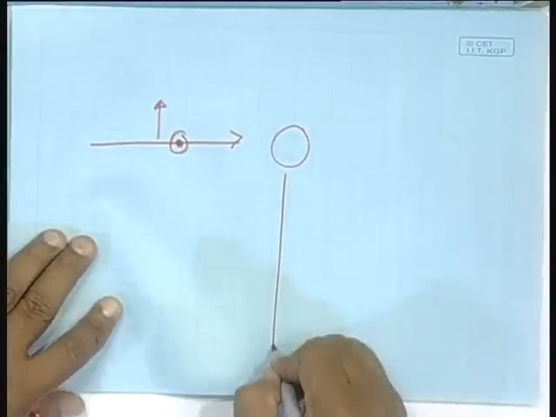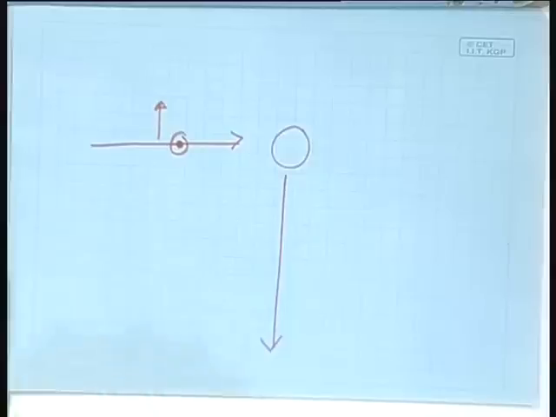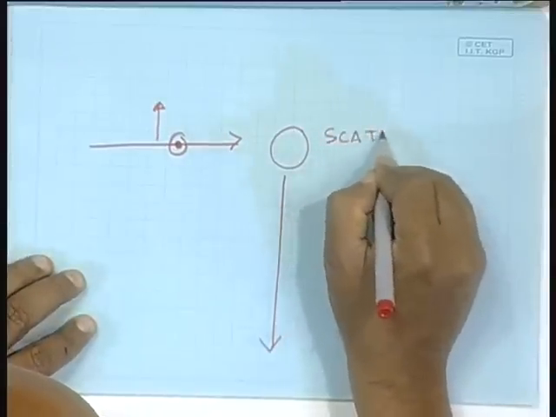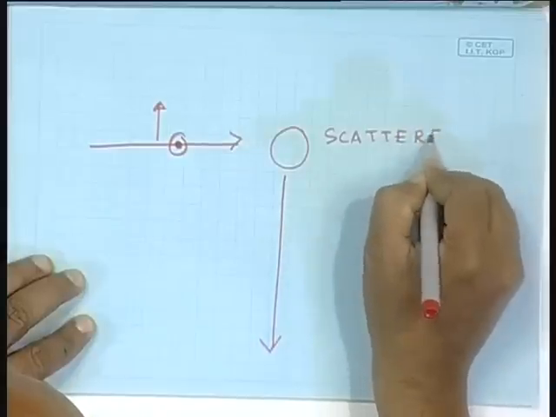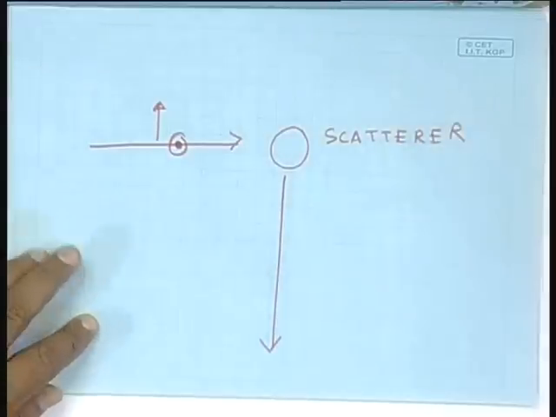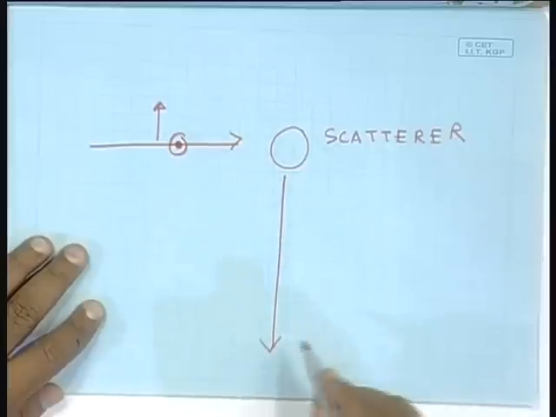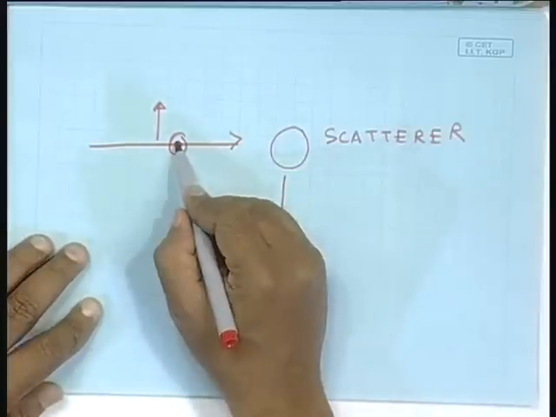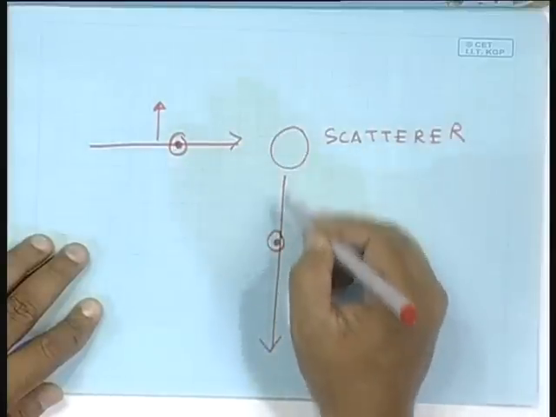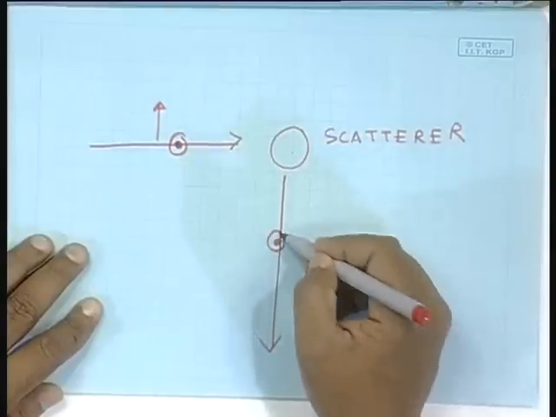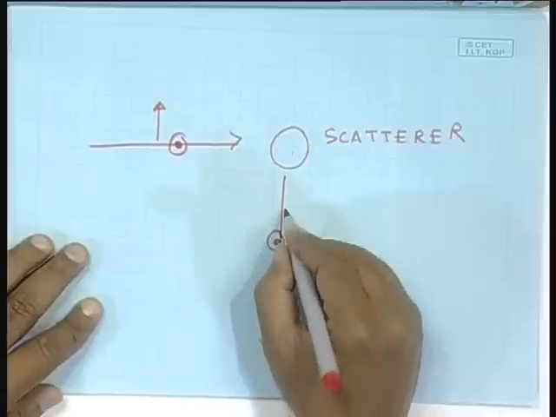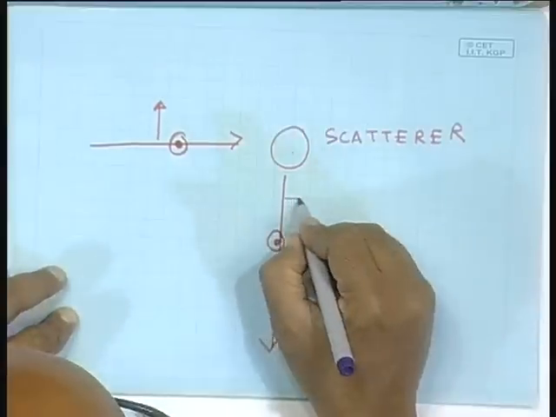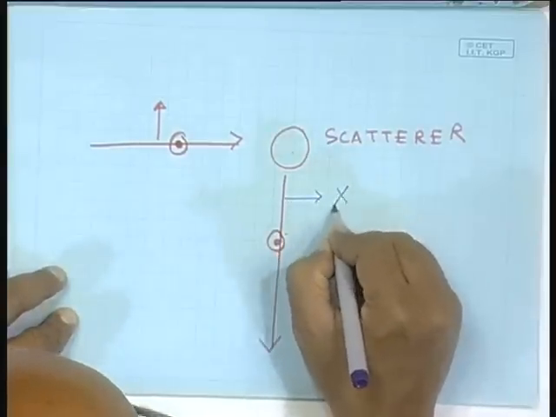Now if I look at the radiation that goes out in this direction from this scatterer, this polarization is going to be present because this is going to set the dipole oscillating up and down, which is going to produce an electric field also oscillating up and down. But the other possible polarization over here, which is this one, is going to be absent.